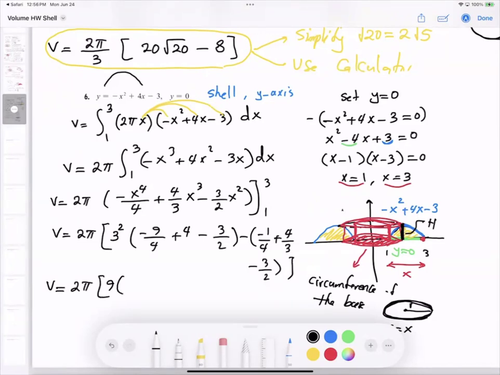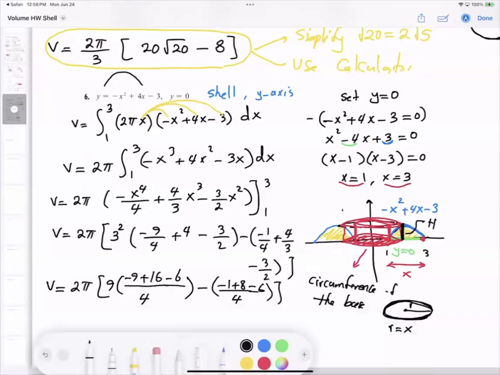The volume is equal to 2 pi, and you have 9. Then if you take a common denominator of 4, you get negative 9 plus 16 minus 6. And minus, taking a common denominator of 4 for these two, I get negative 1 plus 8 minus 6, and try to simplify as much as I can.